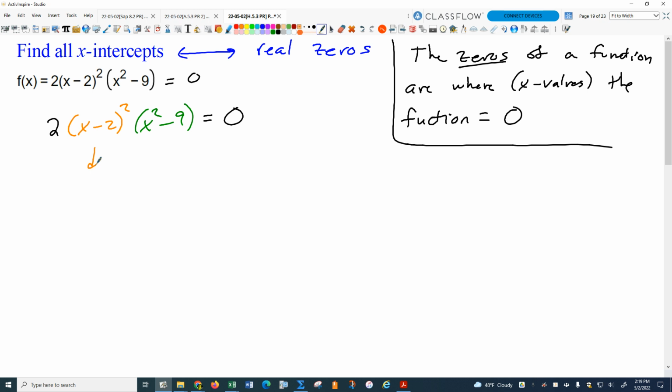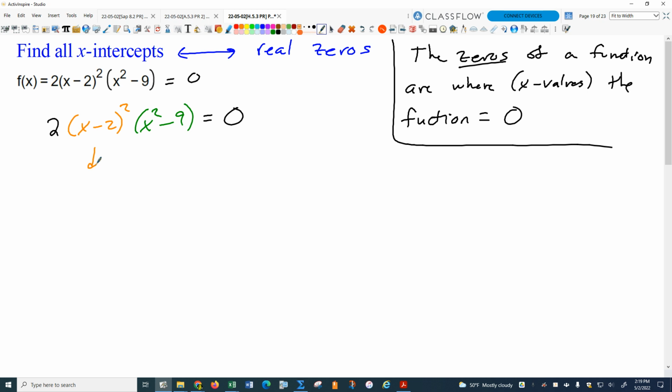2. Yeah, how did we get 2? You're right. There you go, right? By the zero product property, remember the product of factors can only equal 0 when we're multiplying by 0, right? So when I have a factored expression set equal to 0, all I have to do is just find the zeros of the individual factors.